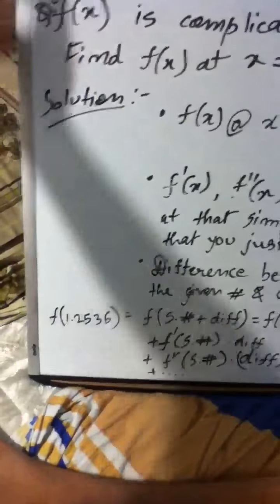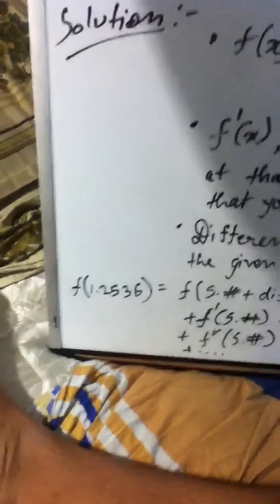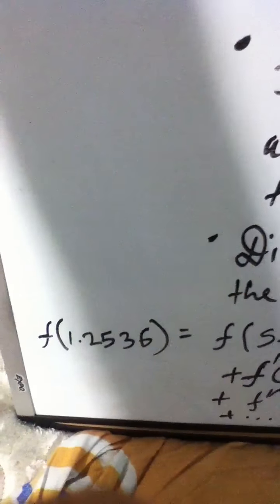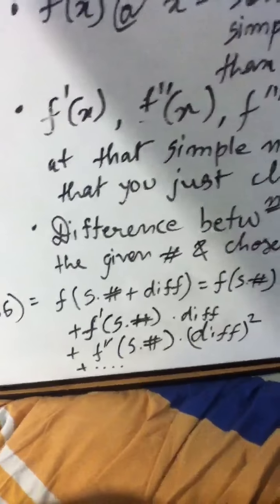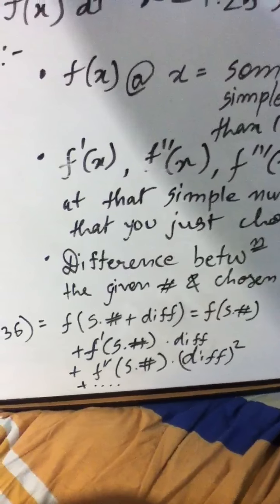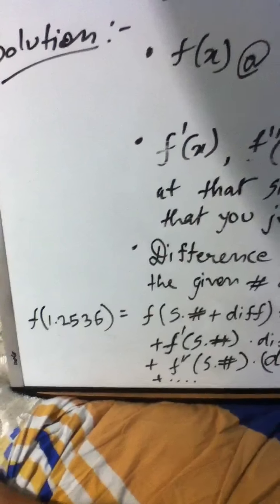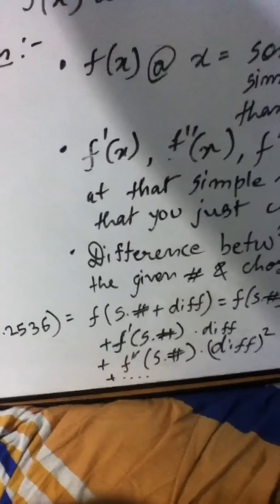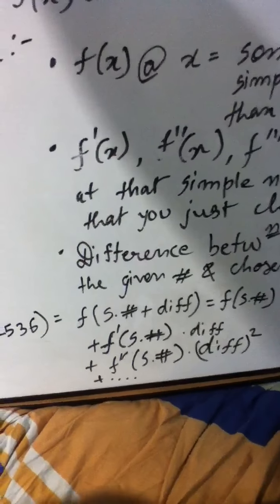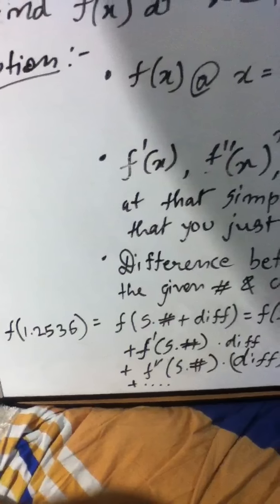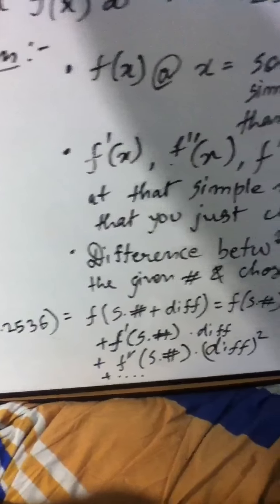Now this is the Taylor series. To get the value of a function, which is maybe x squared, at this number, 1.2536, you can expand it in this manner. You can say f at 1.2536 can be written as f at the simple number plus the difference, which in our case will be 1 plus 0.2536.